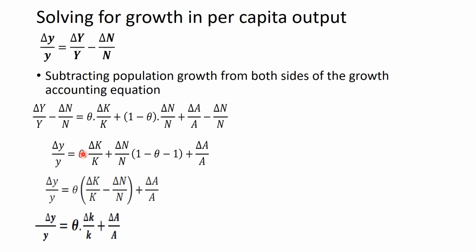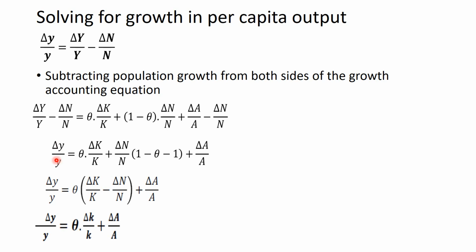What we then do is, over here you'll notice that what we have as the expression on the left-hand side is the total output growth rate less the growth in the population. And now we know that the total output growth less the growth in the population is simply the per capita output growth rate. So that then allows us, in the second line of the equation, to substitute this expression with its answer, which is the per capita output growth rate.